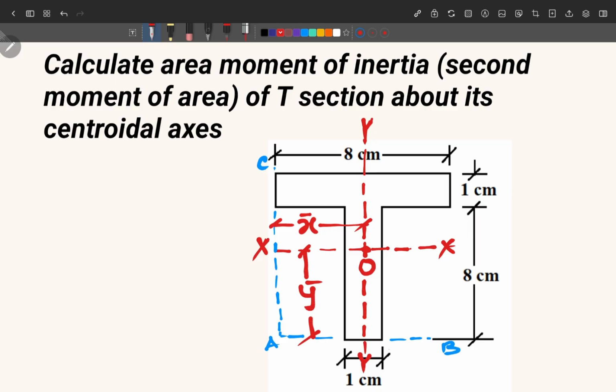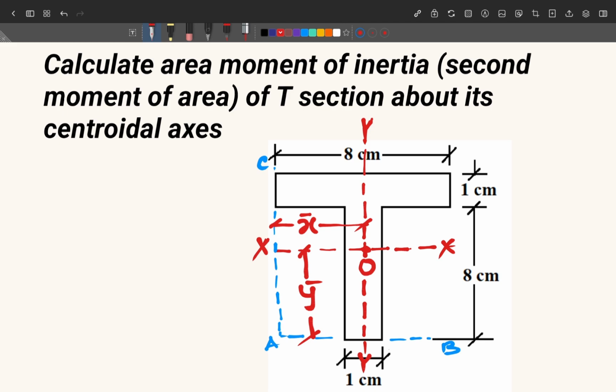To find the centroid of any section which is composed of different shapes: for a rectangle, we already know that it will be at the center, and for a triangle, you already know that the position is 1/3 from one side and 2/3 of the base from the other side.